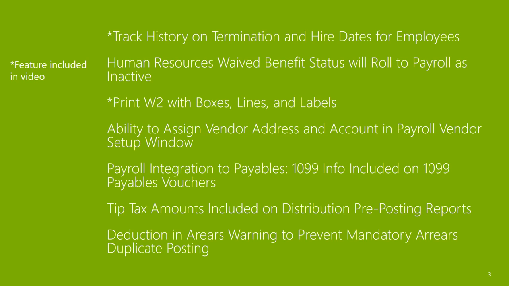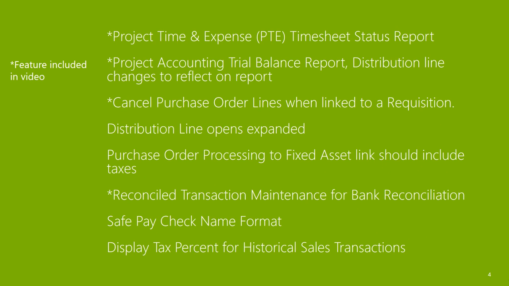These features include tracking history on termination and hire dates for employees, Human Resources waive benefits statuses will roll to payroll as inactive, printing W-2s with boxes, lines, and labels, the ability to assign vendor addresses and accounts in the payroll vendor setup window, payroll integration to payroll's 1099 information included on the 1099 payables vouchers, tip tax amounts included on the distribution pre-posting reports, and deduction arrears warnings to prevent mandatory arrears for duplicate posting. We also added project time and expense timesheet status report.